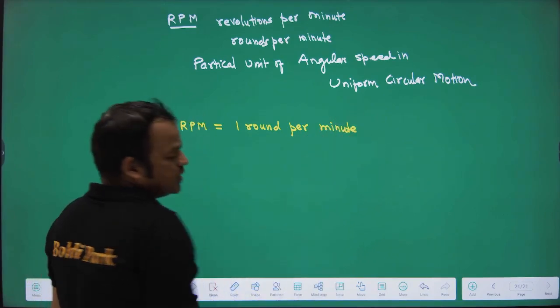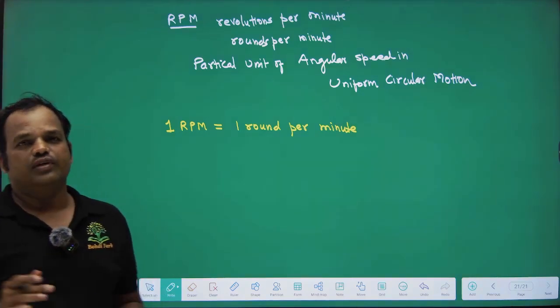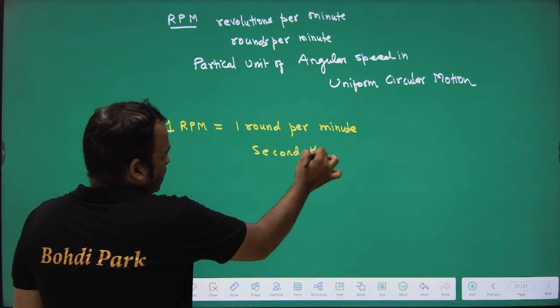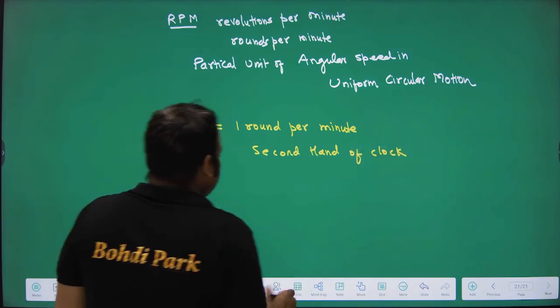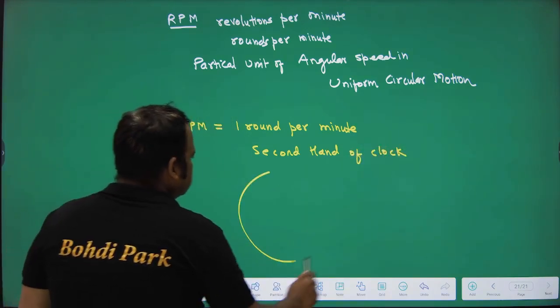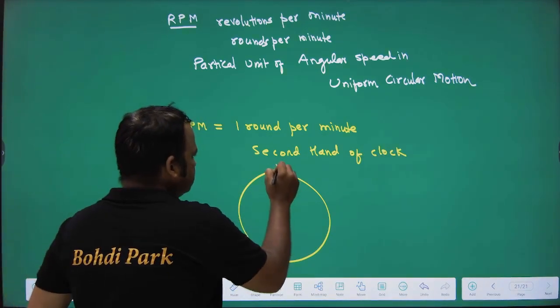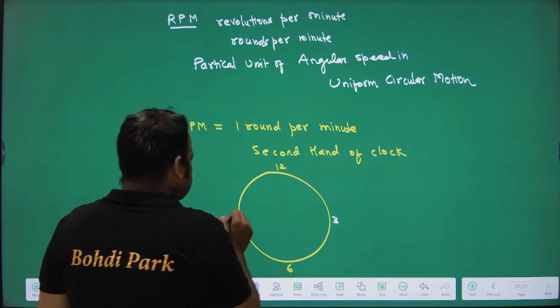We have the best example of this speed as the second hand of a clock. The second hand of a clock goes clockwise. For example, this is a circular dial of a clock. Here marking is 12, this is 3, 6, 9.